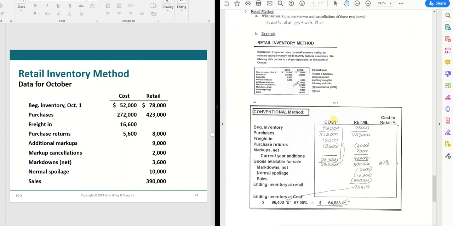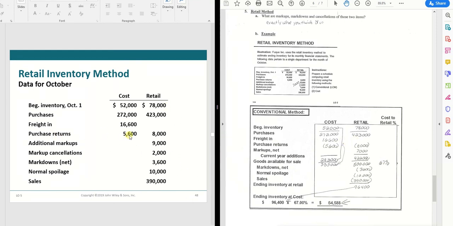So my beginning inventory is 52 and 78. My purchases are 272 and 43. And honestly, that is where most problems stop, and you just get the percentage and multiply it. But we all know that freight in is added to the cost of the inventory. Notice it's under the cost column, so I'm only putting under the cost column things that affect the cost, and I'll put the retail column numbers over here.